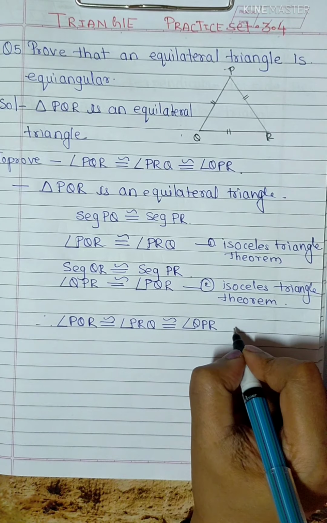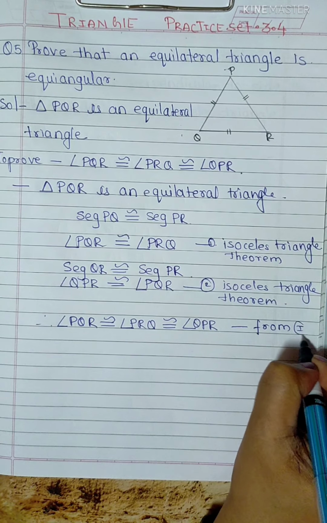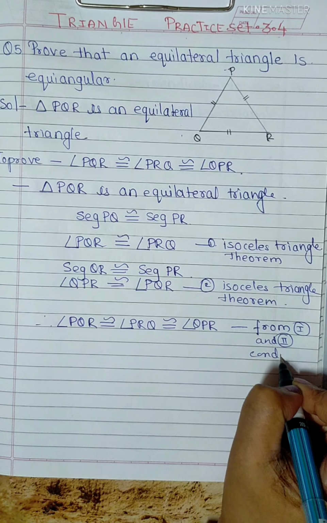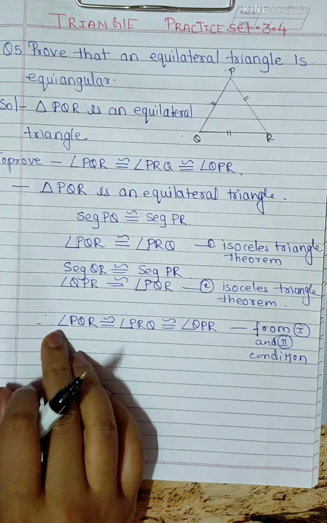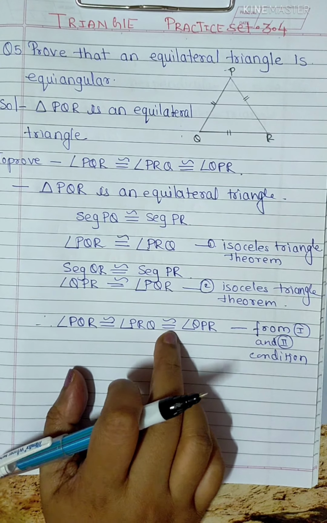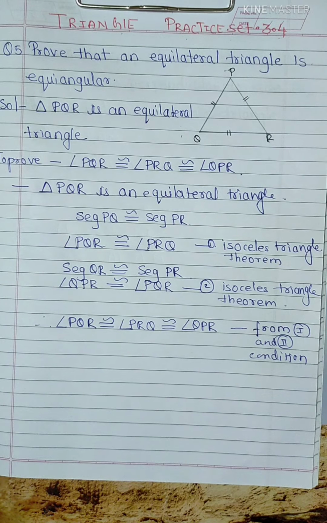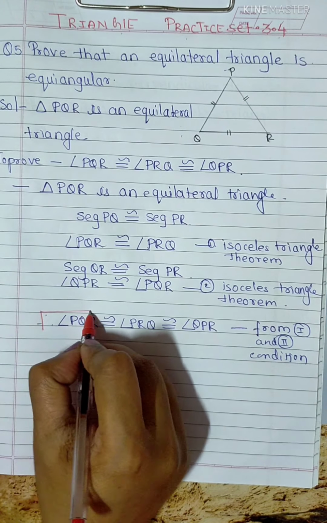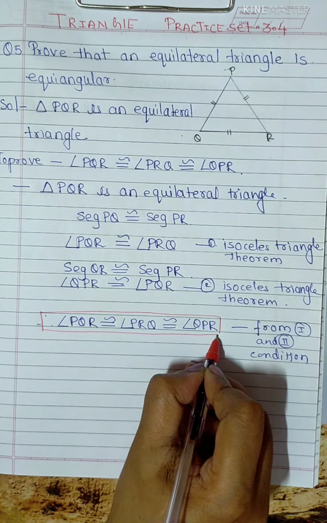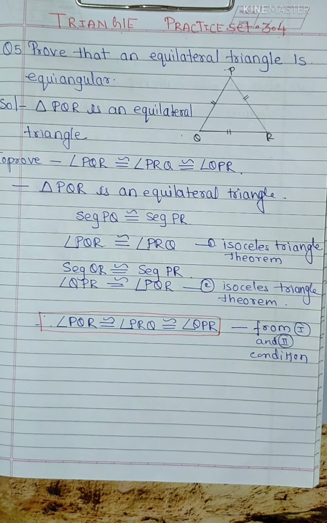So we got this from the first and second condition. We have proved that angle PQR is congruent to PRQ and angle PRQ is congruent to QPR. I hope you understood. We have solved question number 5 of practice set 3.4.